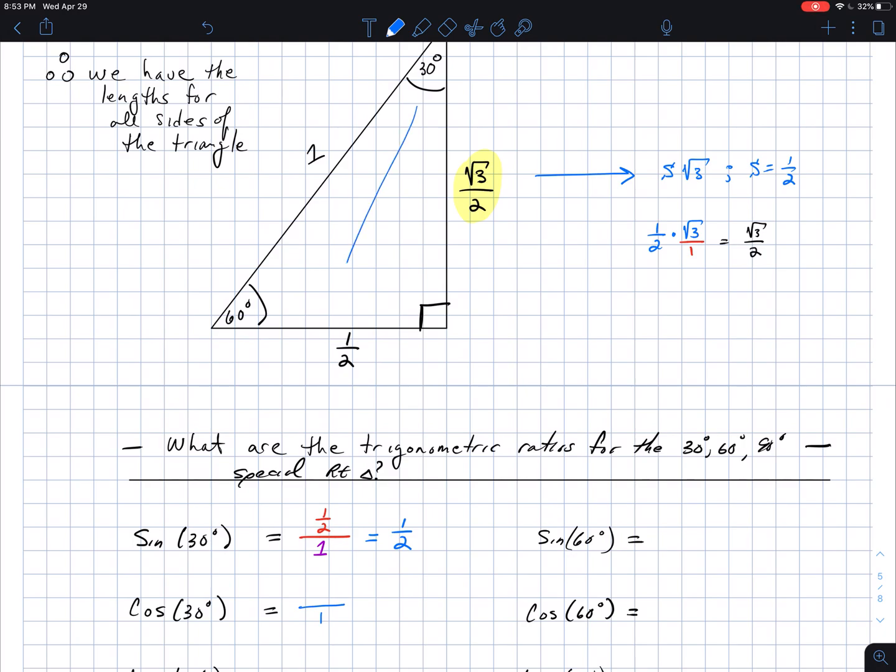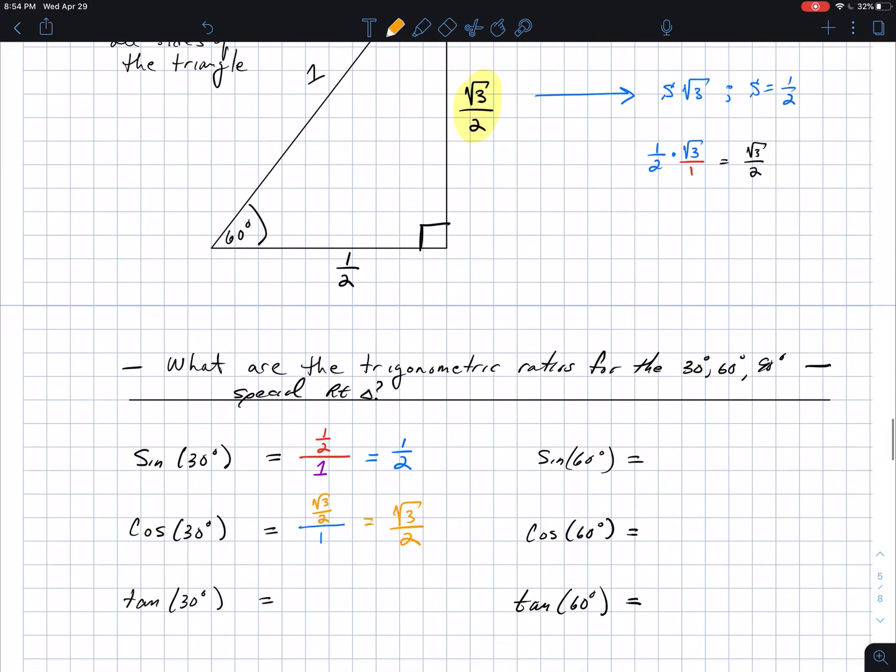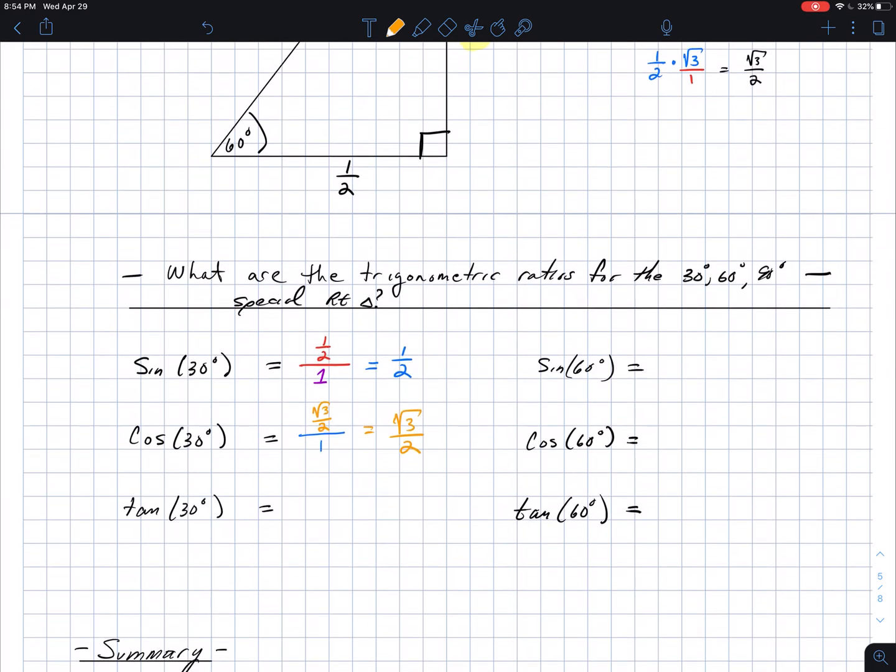Well, we already identified its opposite, and we have identified the hypotenuse, so this is the adjacent side to 30 degrees. So I'm just going to put in the square root of 3 over 2, and the square root of 3 over 2 over 1 is simply root 3 over 2, right?